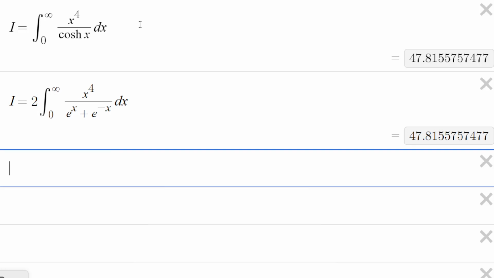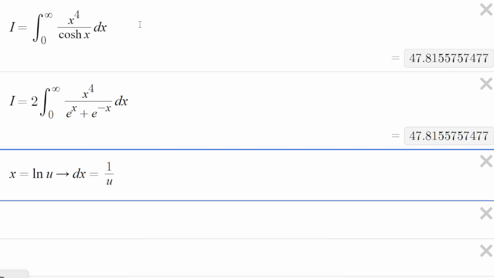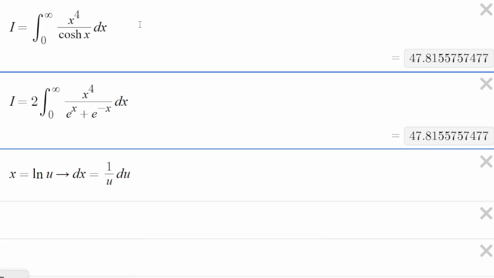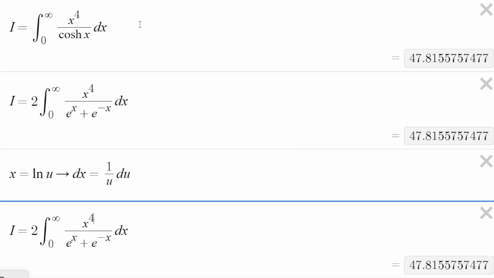All right, next, we'll let x equal natural log u, implying that dx is equal to 1 over u du. Plugging that in, if x is infinity, you would have to take the natural log of infinity to get that, so it stays infinity. If x is 0, you'd have to take the natural log of 1.